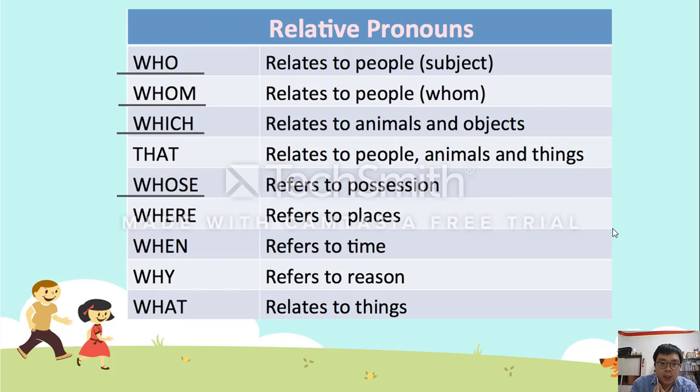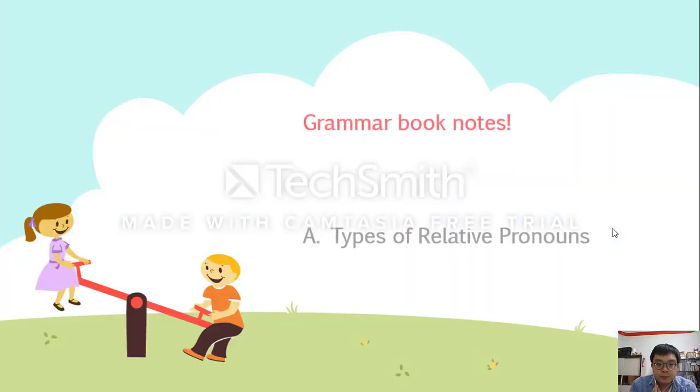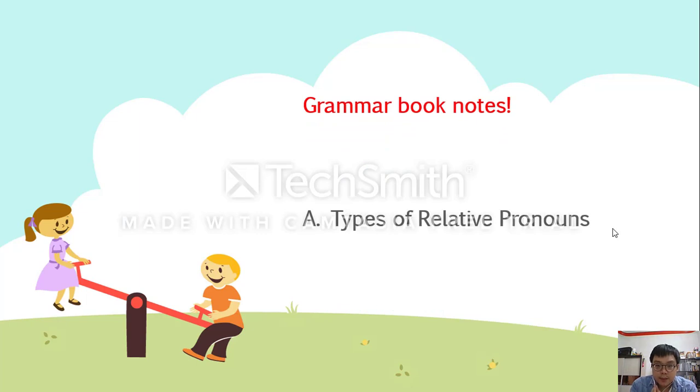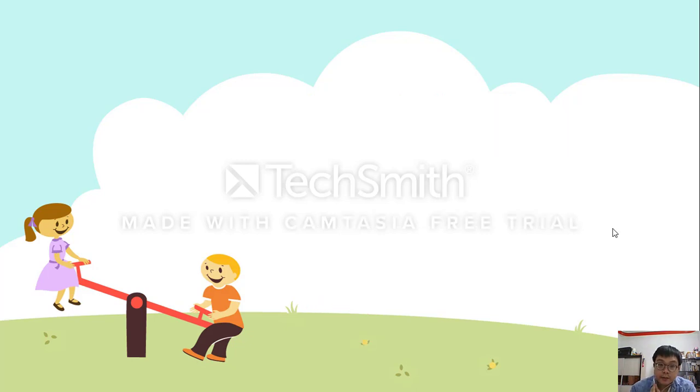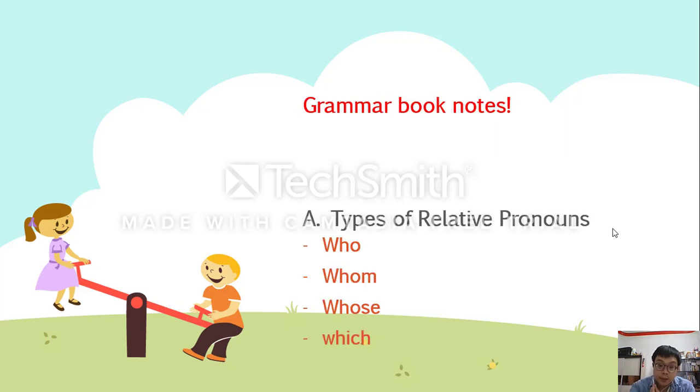We are just going to learn these 4 relative pronouns. So please copy this. A, types of relative pronouns. So we know there are 9 relative pronouns, but we are just going to learn these 4 today. If you need to copy the notes, just pause the video.